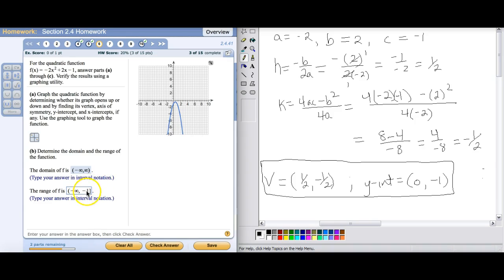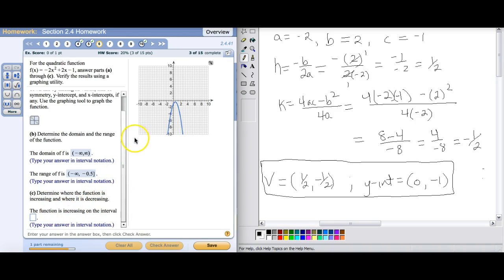Sorry here, I shouldn't have put negative 1. I should have put negative 0.5, because our vertex, not the y-intercept, is our place where we have the maximum y value there. So that's fine.